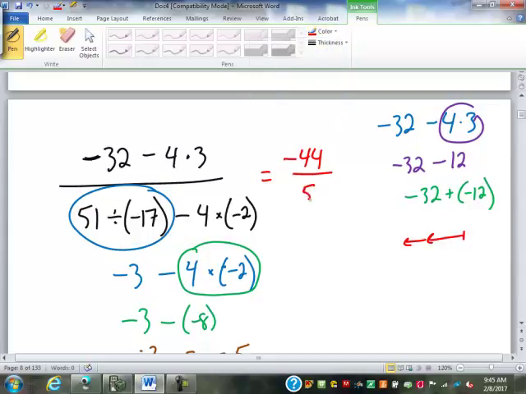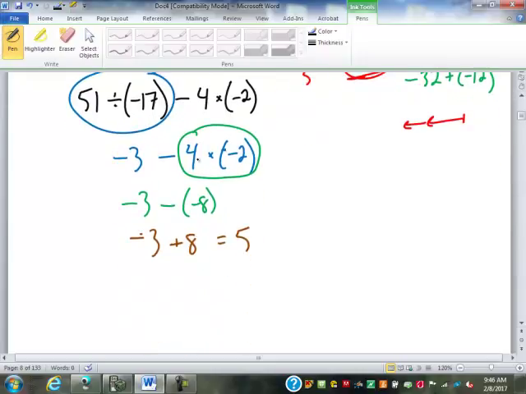Which makes it apparent that I screwed that one up and it's not going to divide out evenly. But it ends up being negative 8.8 if we try to divide it out. They won't come out to decimals on the test, I promise. Any questions on that one? Okay.